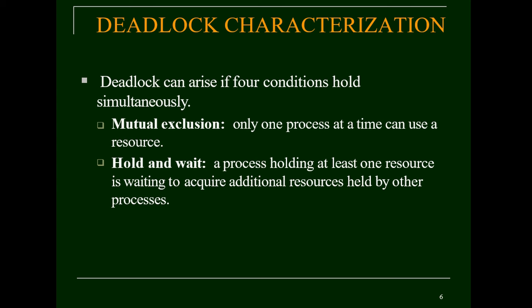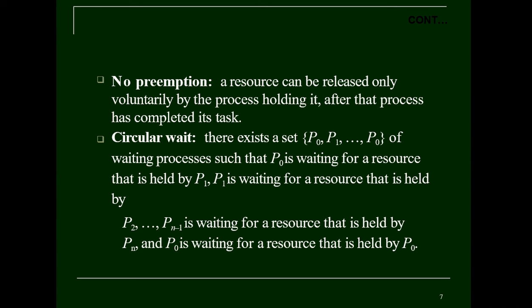Second one is hold and wait. The processes involved in the deadlock acquire at least one resource and wait for at least another resource that has been acquired by another process. Third, no preemption. The resource can be released only voluntarily by the process holding it after that process has completed its task.